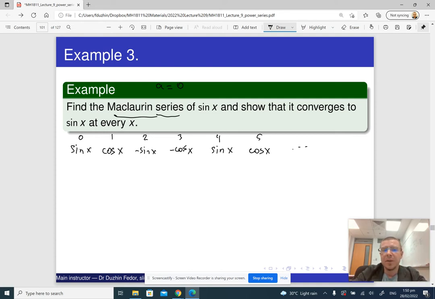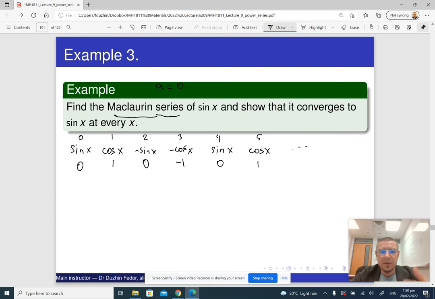Finding the Maclaurin series is not that hard, but to prove that it converges to sine x is somewhat more challenging. Anyway, when a is 0, sine 0 is 0, cosine 0 is 1, then minus sine 0 is 0, minus cosine 0 is negative 1, and then it's going to repeat itself, right? And so on.